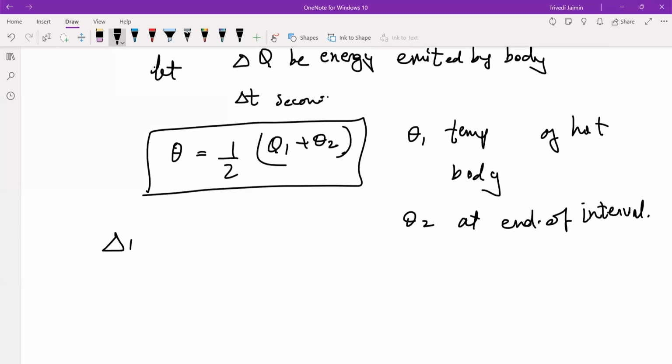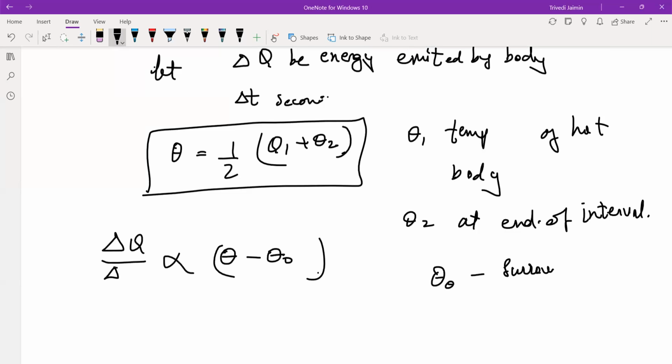So we wrote here delta Q by delta T is proportional to the difference in temperature. That's the definition, right? Theta minus theta naught. Now theta naught is the temperature of the surroundings, and then what is theta?